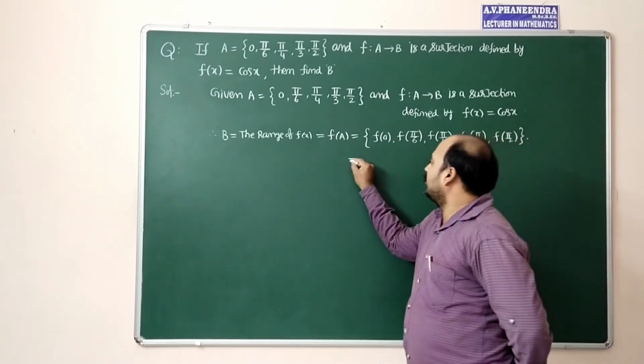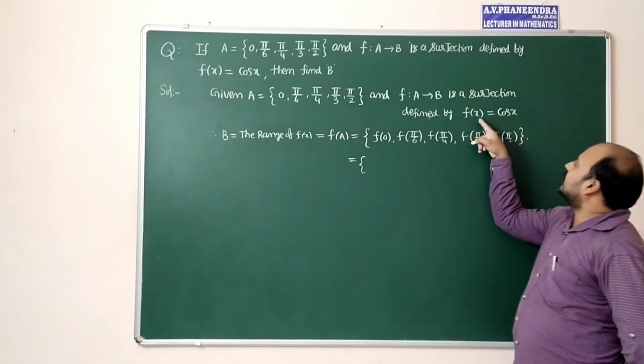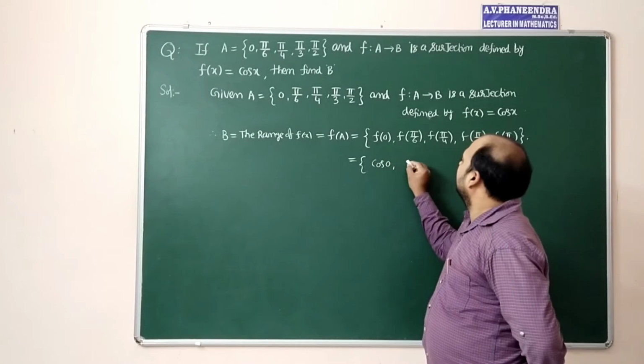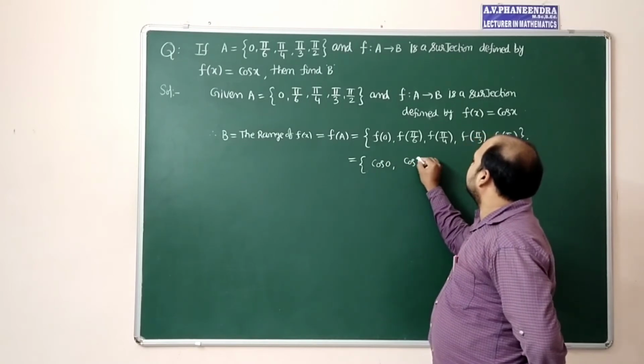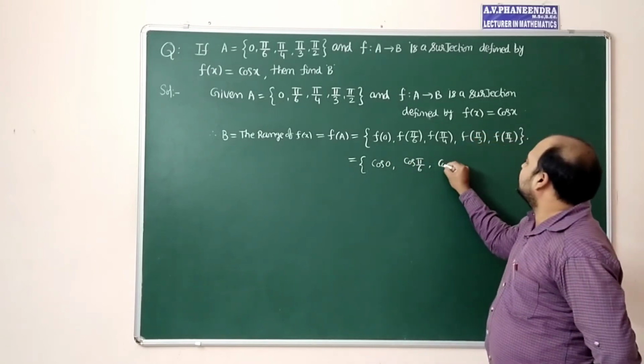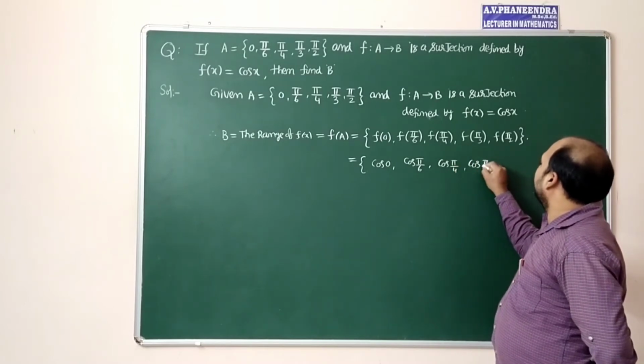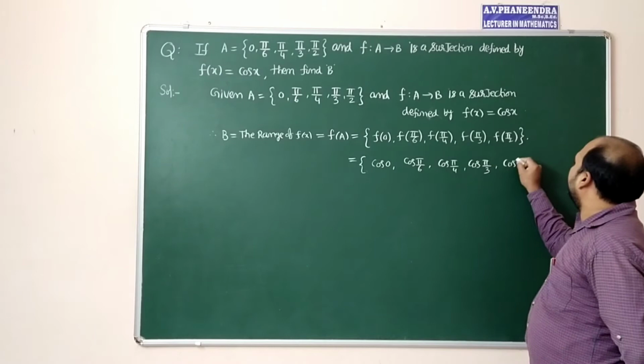So which is equal to f of 0, x is equal to 0, substitute: cos 0, cos pi by 6, cos pi by 4, cos pi by 3, cos pi by 2.